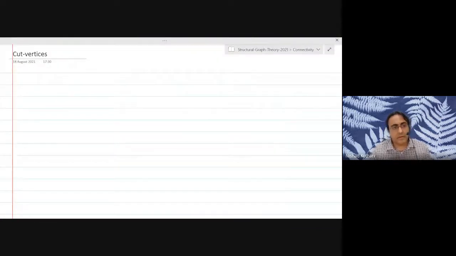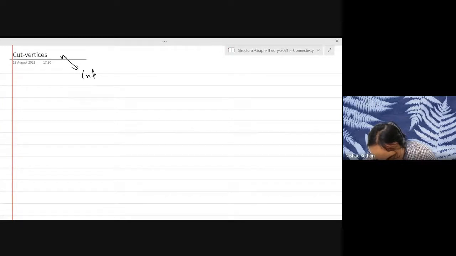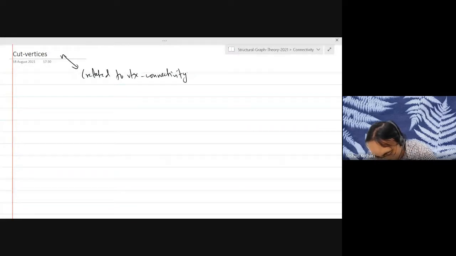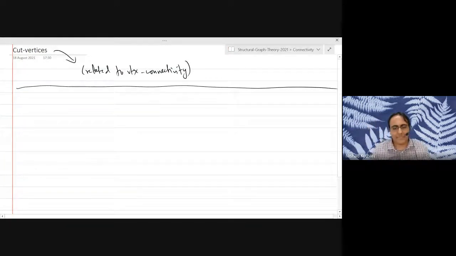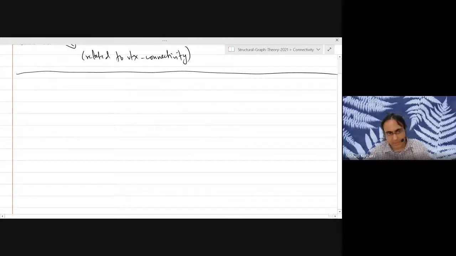All right. So as you can guess, cut vertices is related to the notion of vertex connectivity. Okay, so it's very similar to a cut edge.